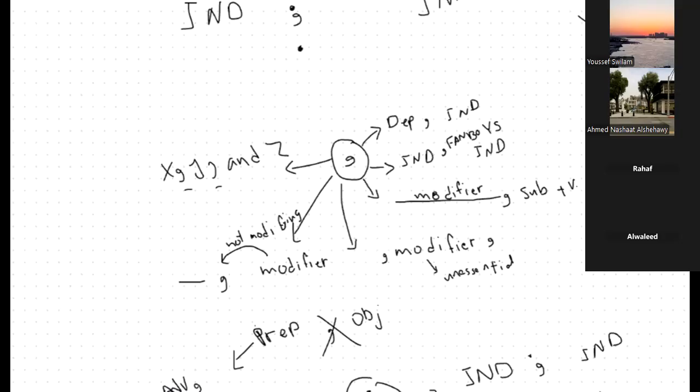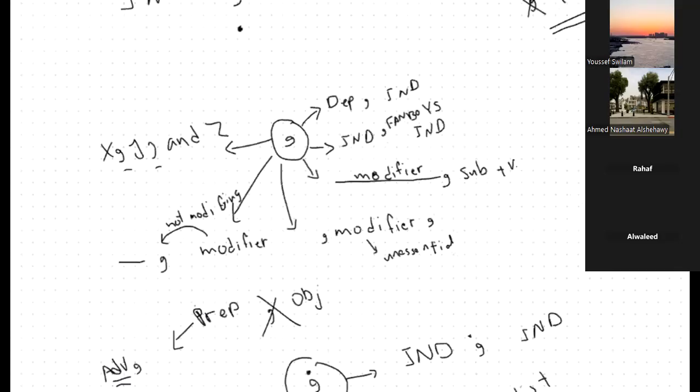When you have a modifier, you put a comma, then subject plus verb. Modifier, comma, subject plus verb: Talking to my mom, my sister played outside.